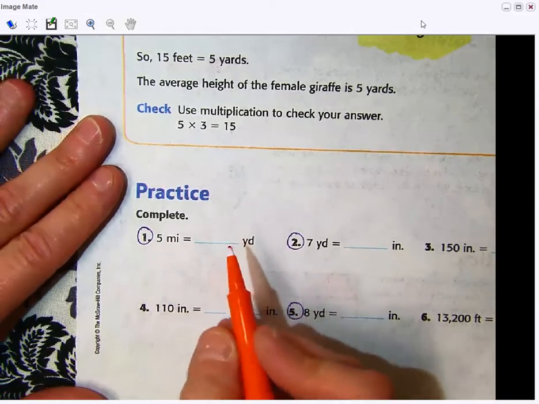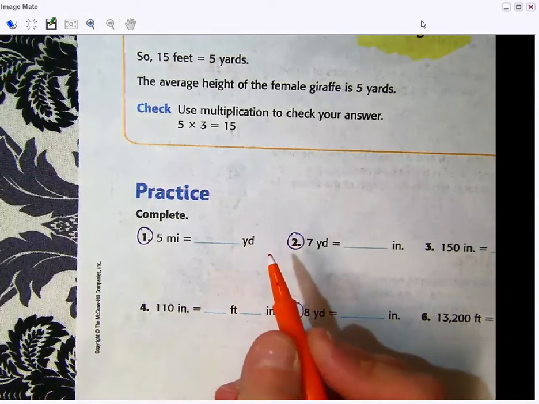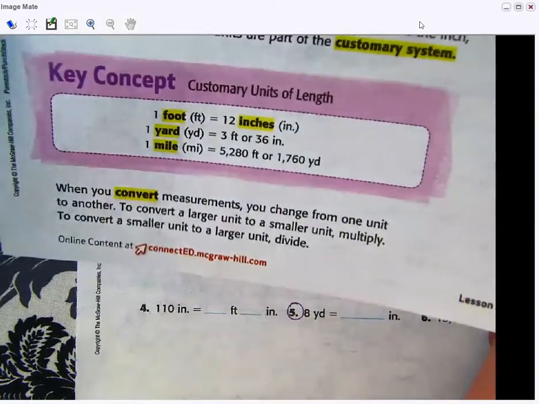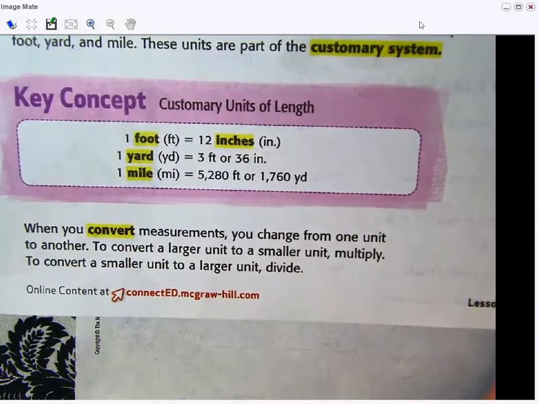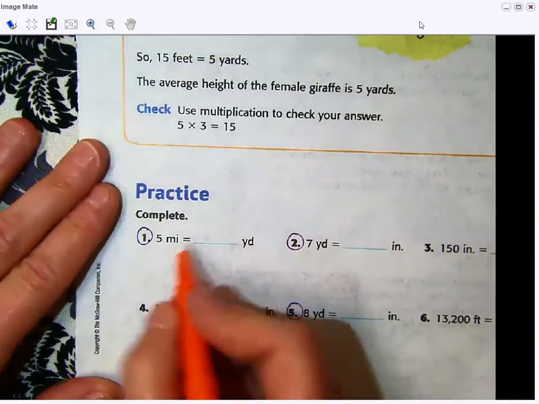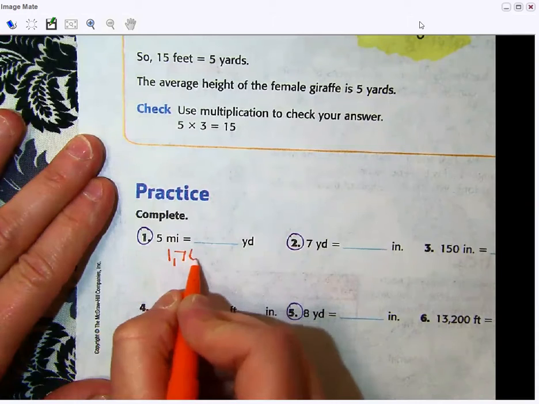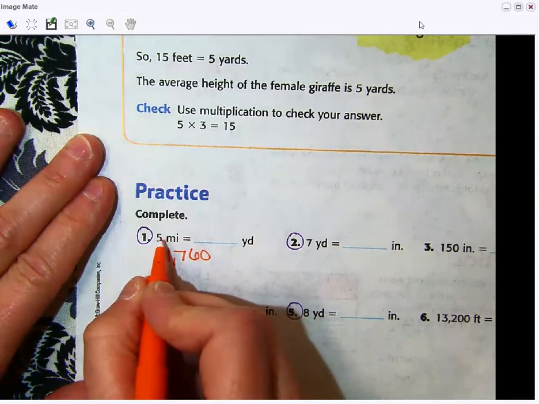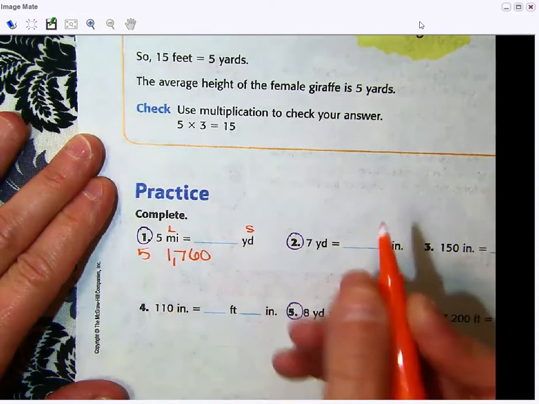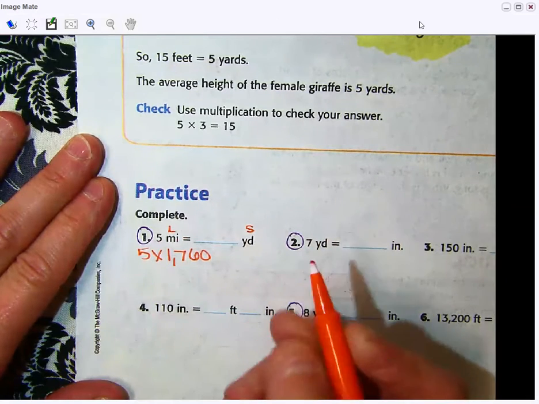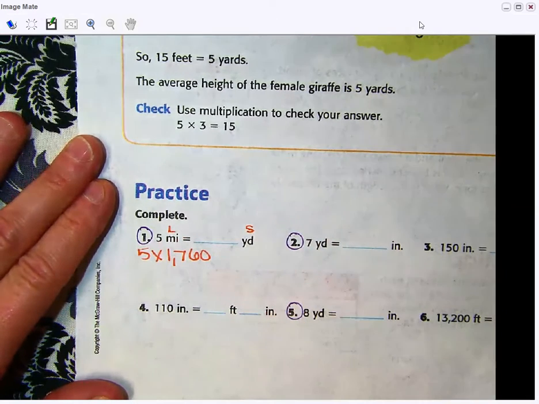Well, you have to know how many yards are in 1 mile. And when we look at our reference table, if we need to, we see that there are 1,760 yards in 1 mile. So we write that here. And we are going to be multiplying because it's going to go from a larger unit to a smaller unit. So 5 times 1,760.